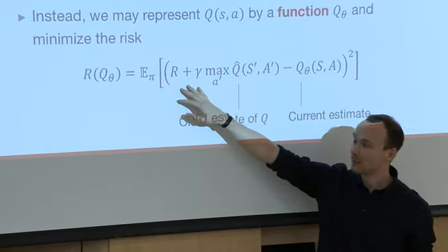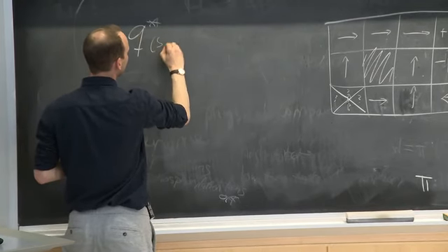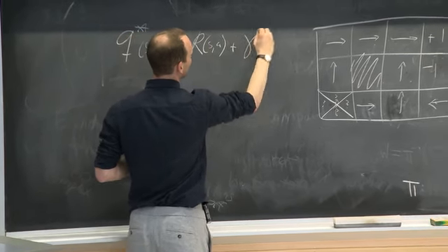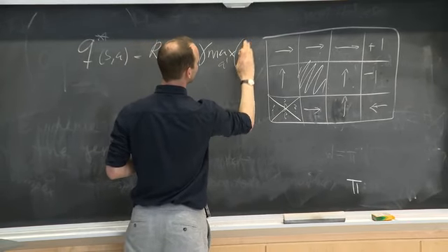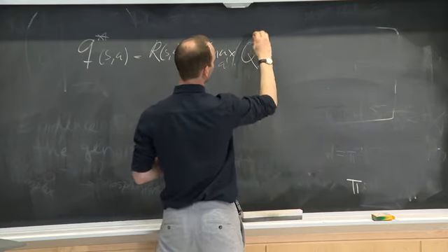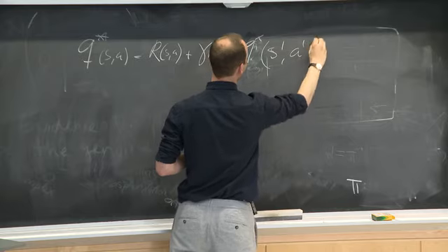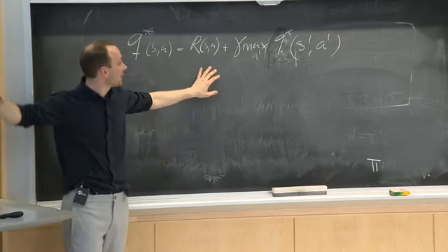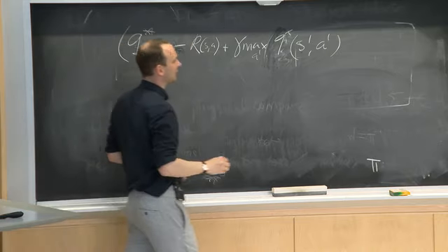Remember, before we had the Bellman equality, we said that Q star of S, A is equal to R of S, A plus gamma max over A prime of Q star of S prime, A prime, where S prime is the state we get to after taking action A in state S. So the only thing I've done here is to take this equality and make it instead a loss function on the violation of this equality.